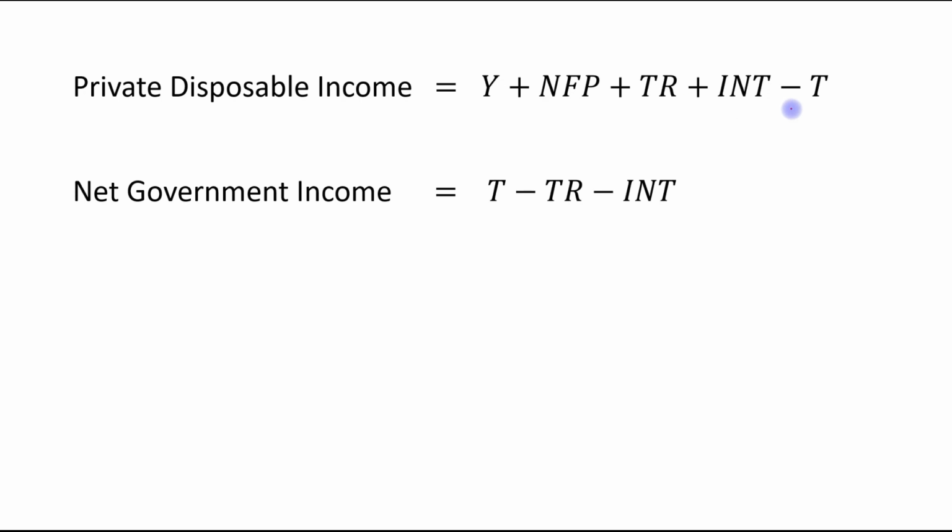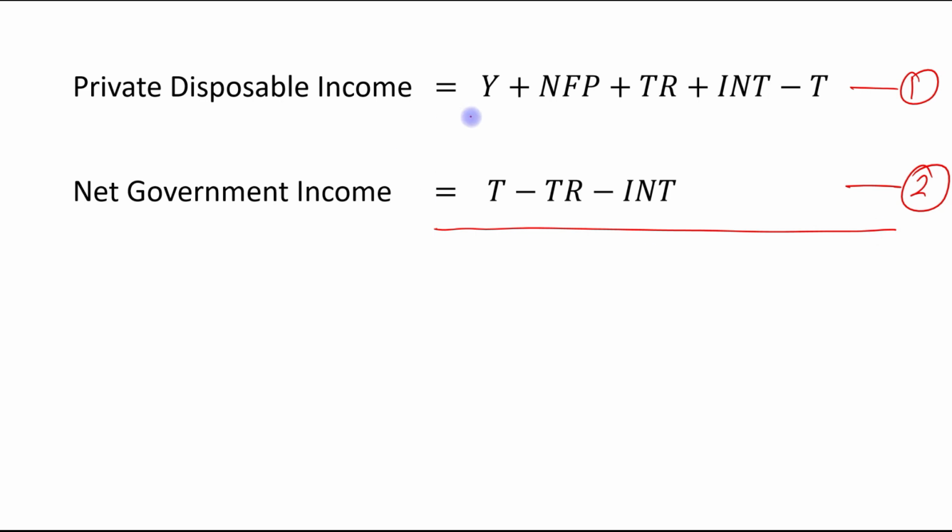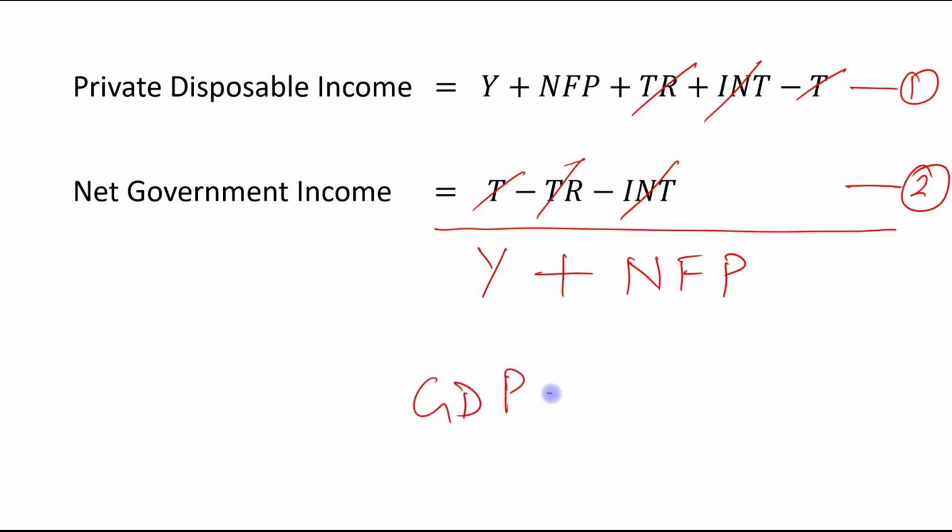So we have private disposable income and the other one is net government income. If I add these two equations, let's consider this as the first equation and this as the second equation, what will I get? First, this will be cancelled out. This will also be cancelled out. This will be cancelled out. So the final result will be Y plus net factor payments from abroad. Y is GDP, so I can write it as GDP plus net factor payments from abroad.